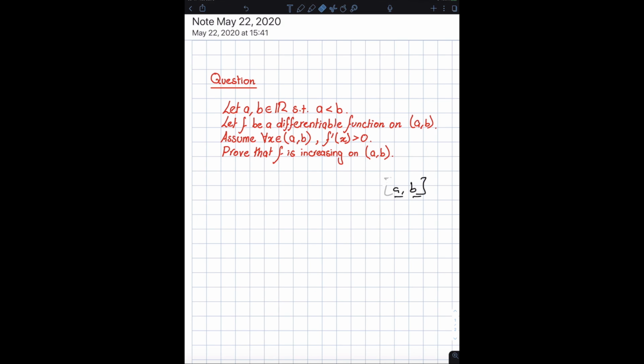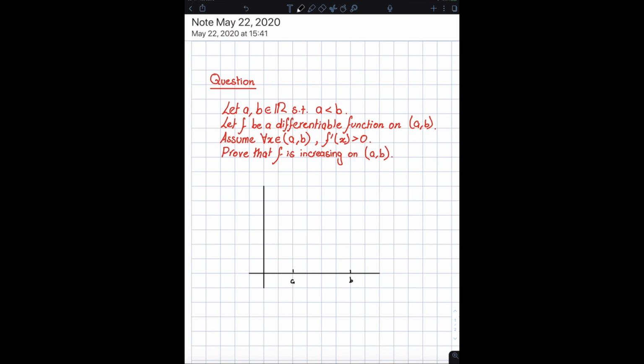Okay, so first of all, let me give you some idea about where we exactly use this theorem. Let me show you a graph, and this is the idea behind the theorem. Let's say that these are 2 points, A and B, and what this theorem is essentially saying is that for every point between A and B, if the derivative is greater than 0, in other words, the slope of the tangent line at any point is positive, then the function is increasing.